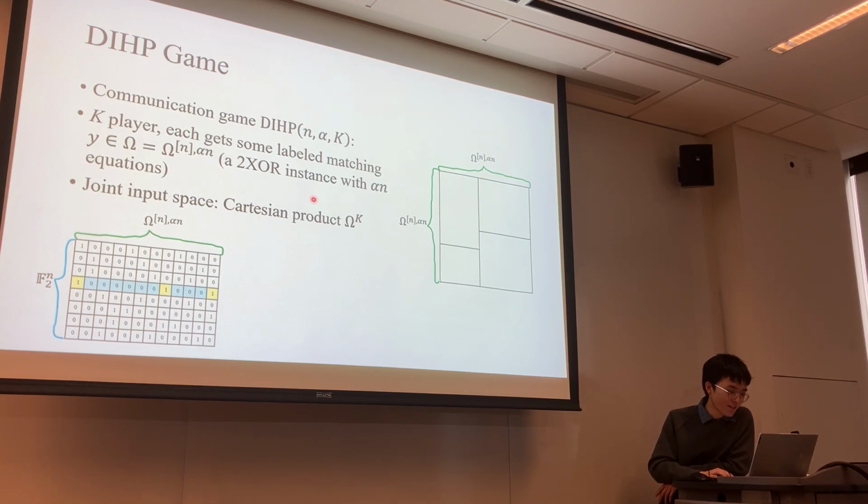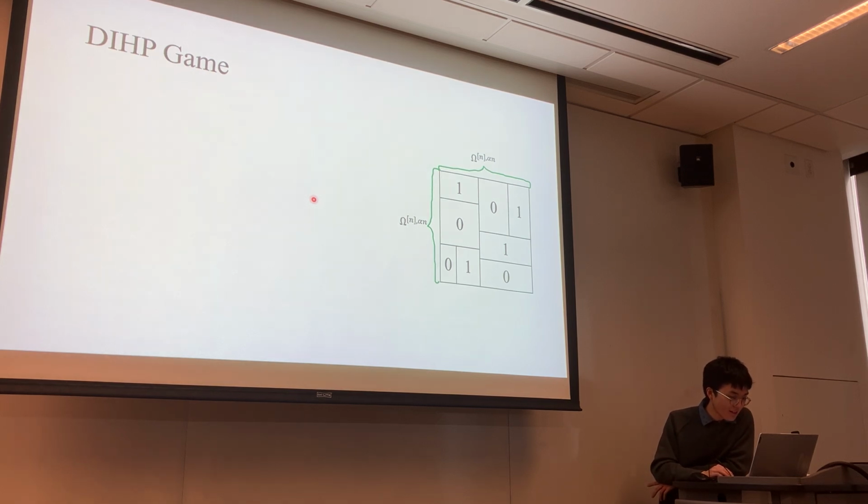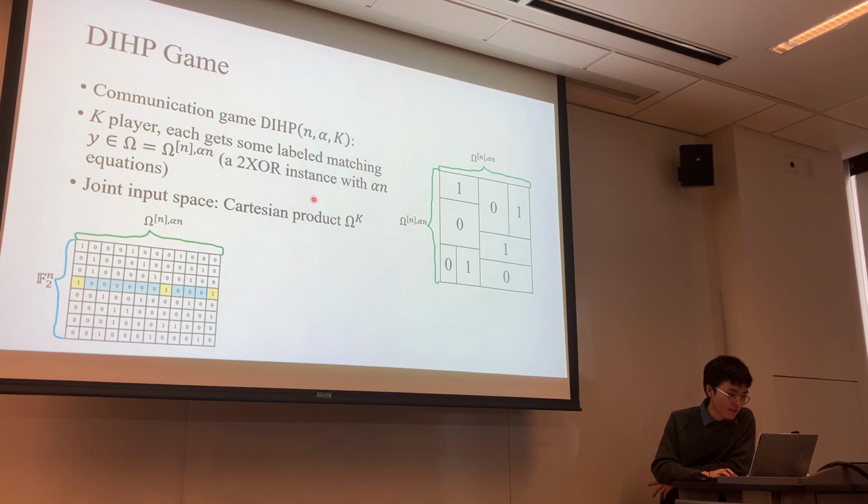And then the second player sends a bit, and then the first player sends another bit. Maybe this time the second player sent a bit, but in any case, after m bits of total communication, the input space is going to be divided into 2 to the m rectangles, and on each of the rectangles, the players will decide whether to output 0 or 1.